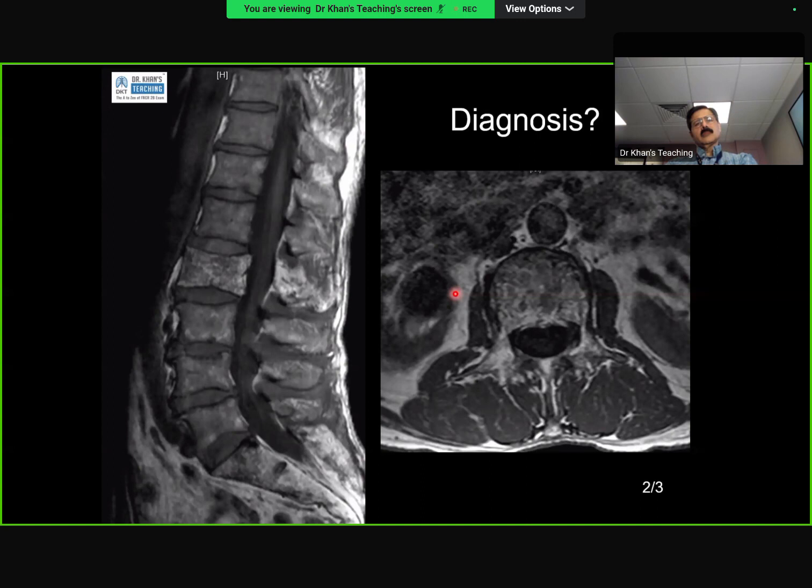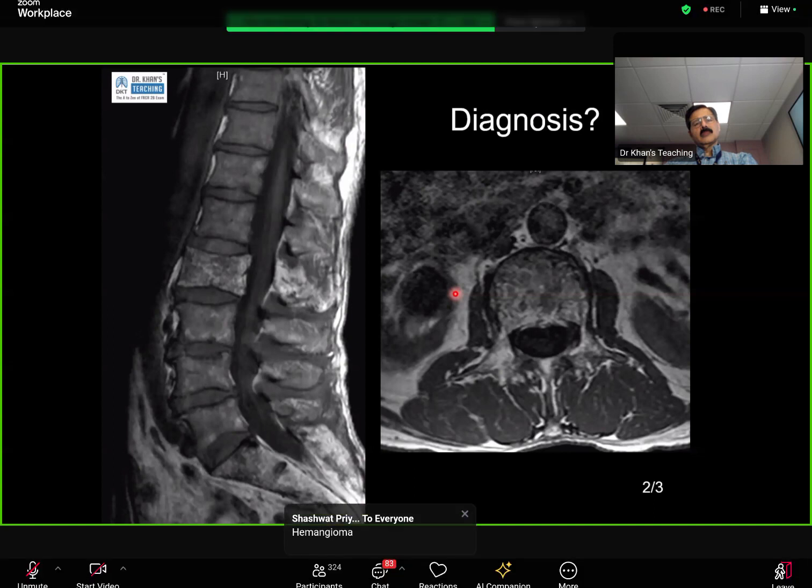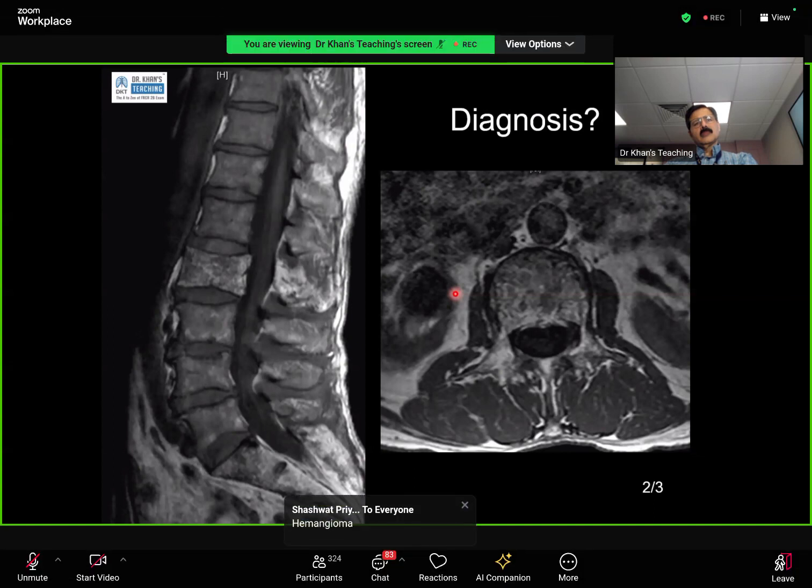Because this is a T1, it could be due to fatty replacement. It cannot be calcification because it will be darker in T1. It is also involving the posterior element. I think the posterior element of this L2 is also involved.